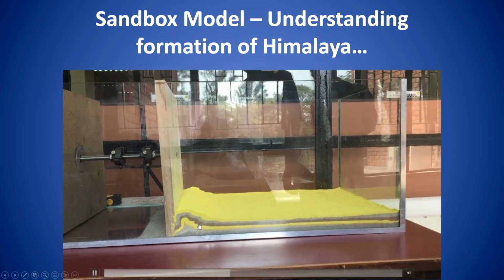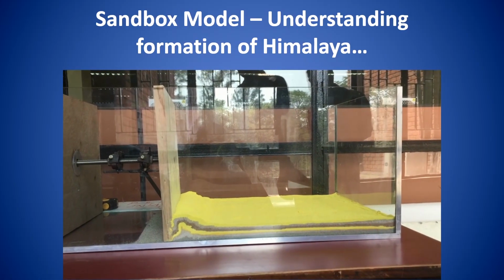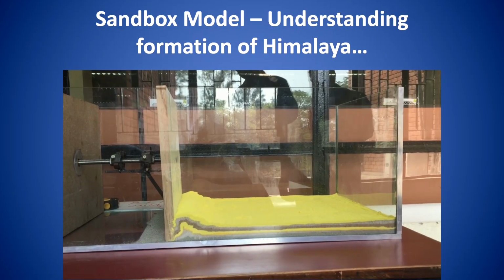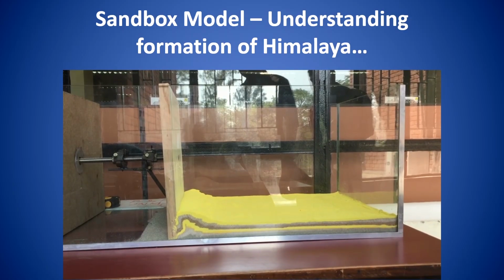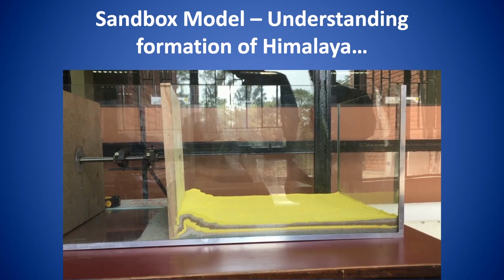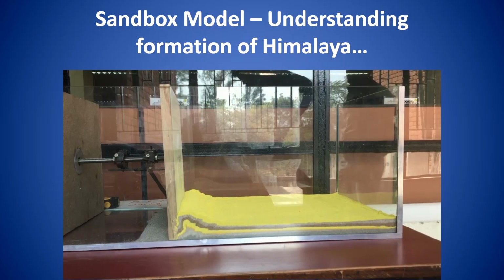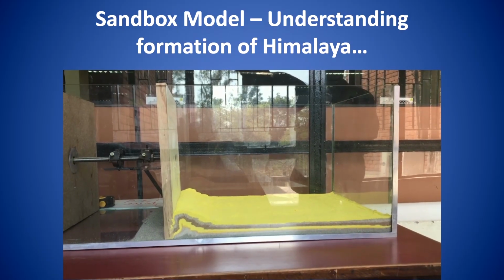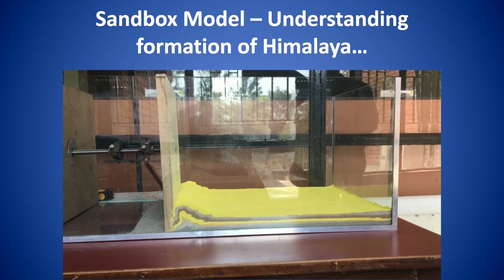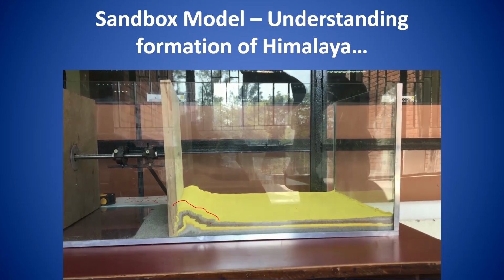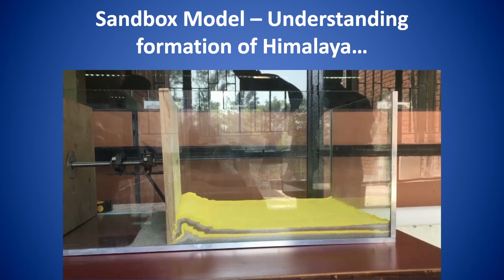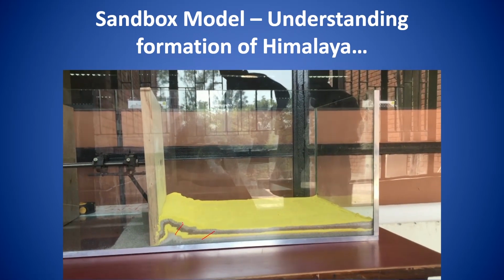So, this sandbox model with the glass on either side helped us to see the deformation pattern, how things evolved, and the complete process in 3 dimensions. Okay. So, the topography is developing over here, and at the same time you have the formation of the faults here.